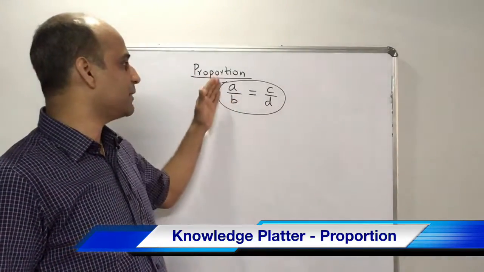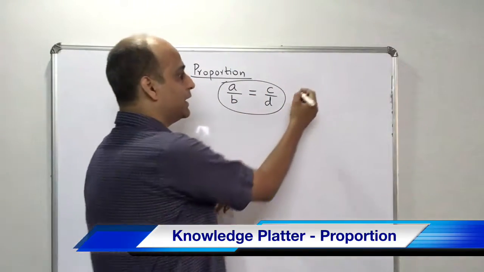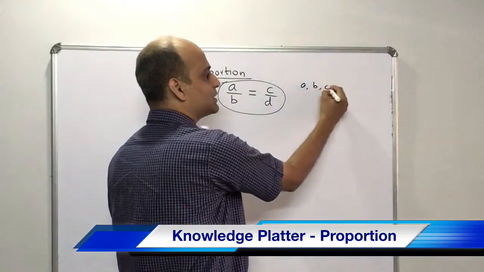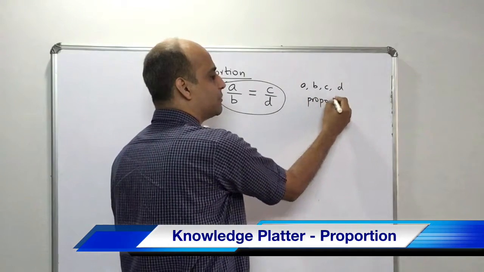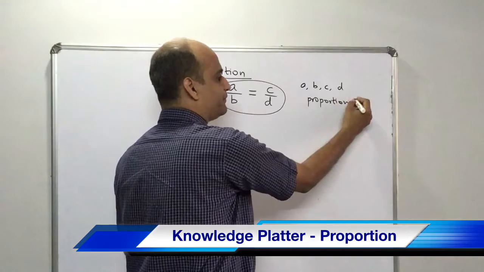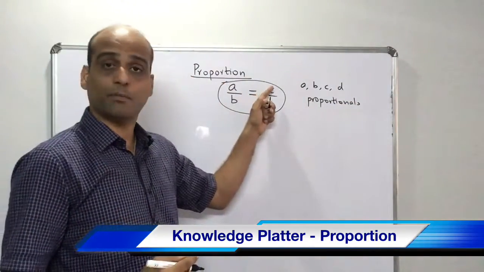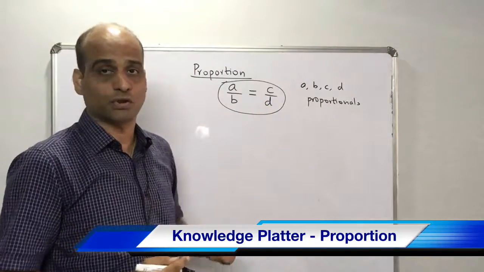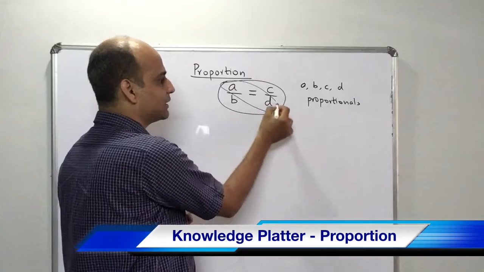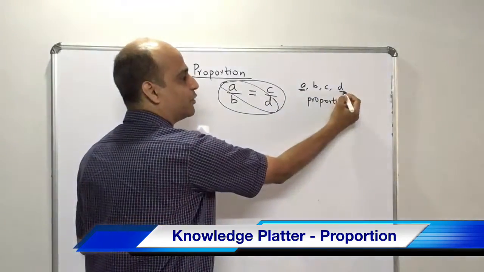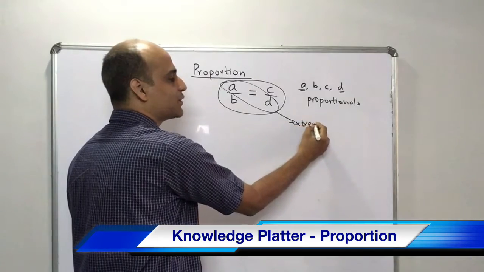Now in this case, A by B equals C by D is a proportion. Now A, B, C and D, they are called proportionals. So first proportional, second proportional, third proportional and the fourth proportional, out of which A and D, that is the first one and the fourth one, are called extremes.